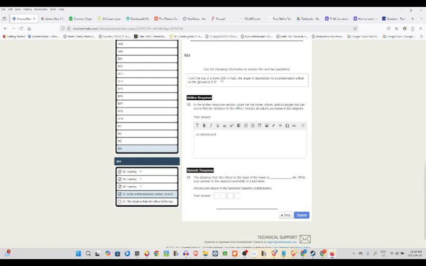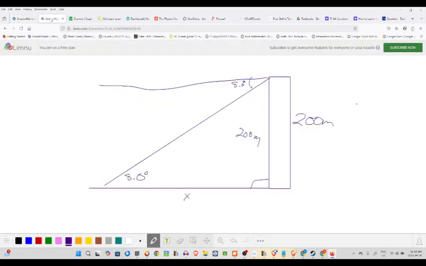Now notice the top of the tower is given to us in meters. We're asked for the distance in kilometers. This is probably going to be easier if we change our units here first. So divided by 1,000, this is 0.200 kilometers high.